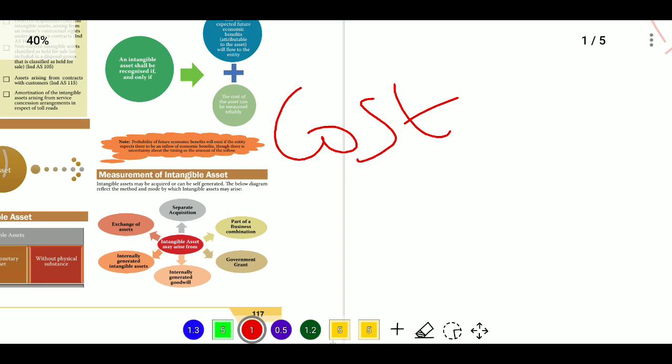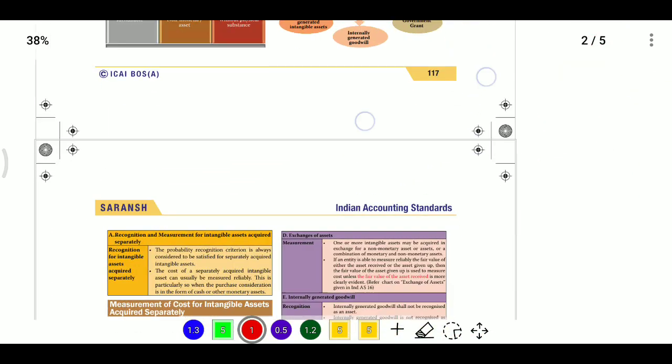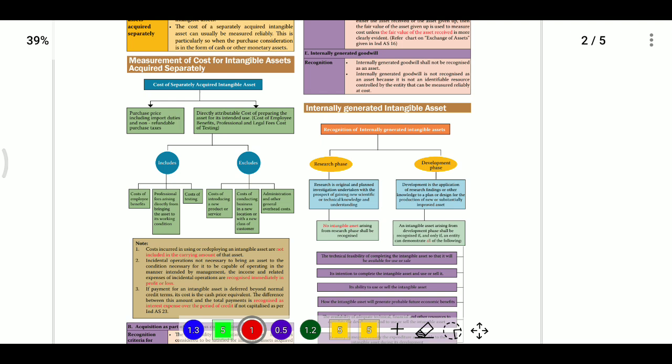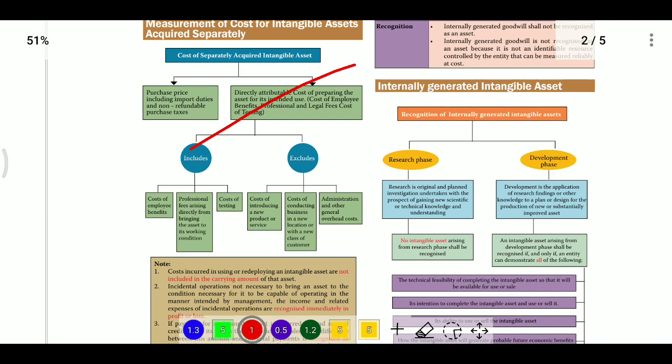For this cost, whether we are acquiring or internally generating, the cost includes any directly attributable cost of preparing the asset for its intended use. The cost of an intangible asset will have the purchase price, including import duties and non-refundable taxes like GST, only if it is non-refundable.